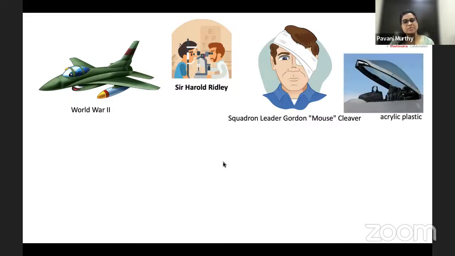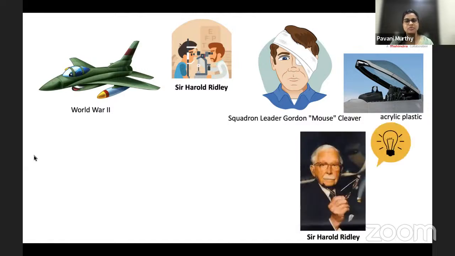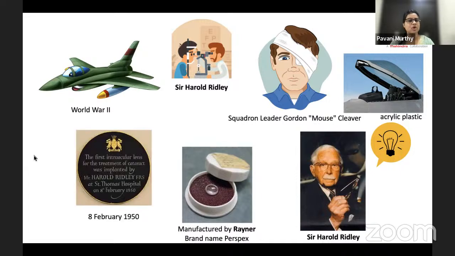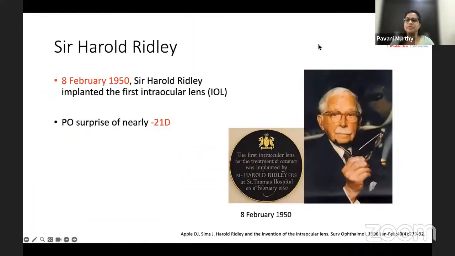He observed that when splinters of the acrylic plastic from the aircraft cockpit canopies became lodged in their eyes, this did not trigger any inflammatory rejection as glass splinters did. This led him to propose the use of artificial lenses to treat cataract. He had a lens manufactured using the same material by Rayner, and on 8th February 1950, he implanted the first artificial lens. Post-operatively, he was left with a refractive error of approximately minus 21 diopters.